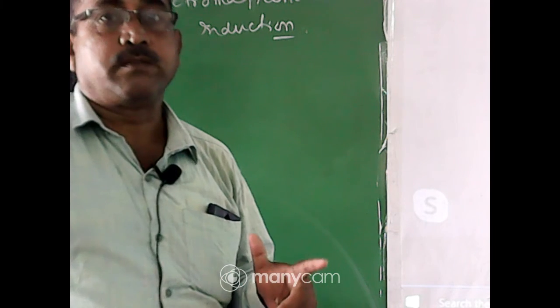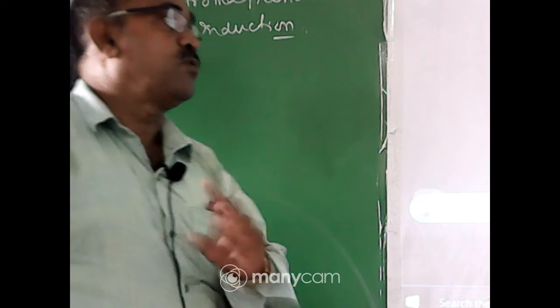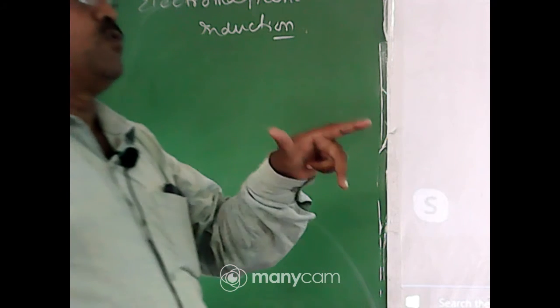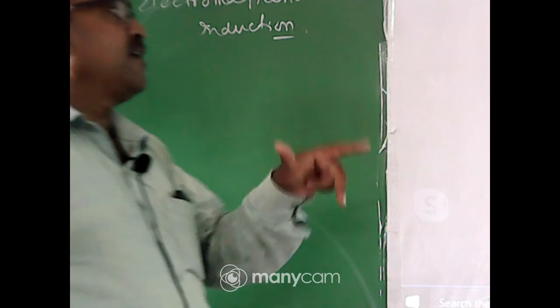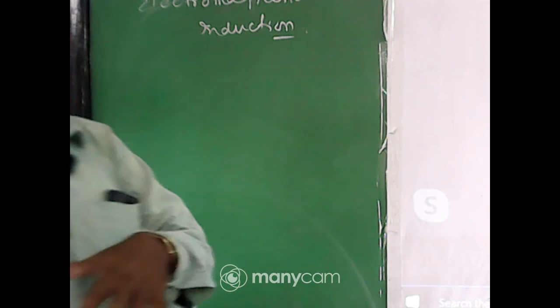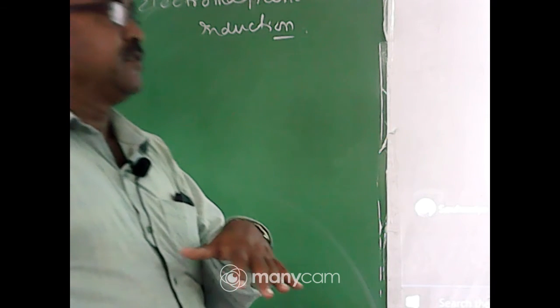You know it. And the application of this is the electric motor. Okay. So Fleming's left hand rule is the first part of this chapter, and Fleming's right hand rule is the last part of this chapter.